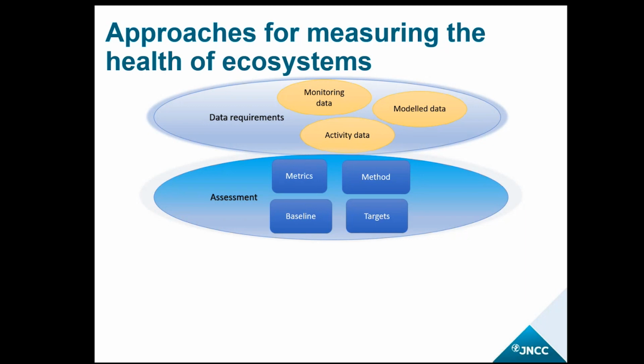But one thing to consider when selecting baselines is that the baseline itself, if it's some predefined time in the past, might not in itself be pristine conditions. So, for example, that baseline might be showing deteriorated health, and then the assessment itself wouldn't take into account any changes in health prior to that baseline.